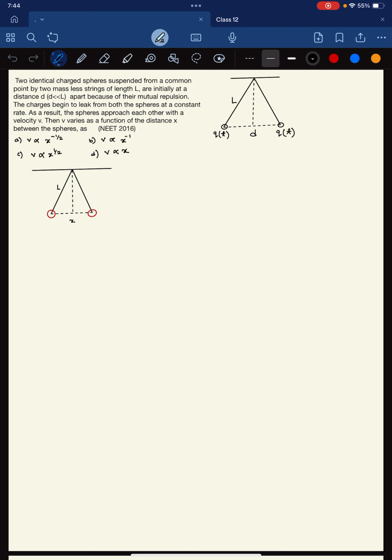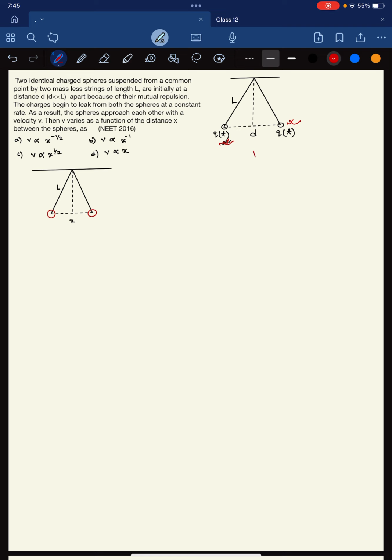See, initially the two spheres have some charge. Let's say this is q, and q is not constant. q is changing with time because charges are leaking from the spheres. After some time, the charge will not be q, it will be less than q because it is decreasing at a constant rate.